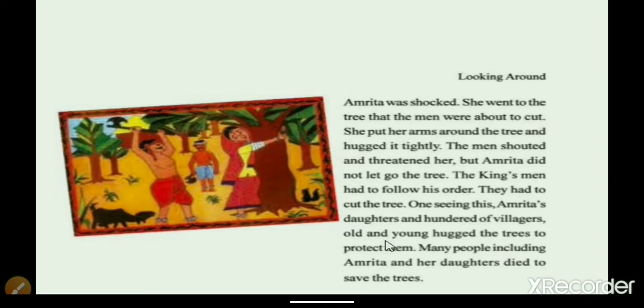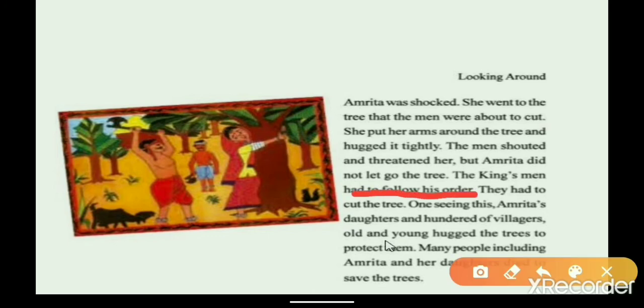The king's men had to follow his order. They had to cut the tree. Seeing this, Amrita's daughter and hundreds of villagers, men and women, old and young, hugged the trees to protect them.